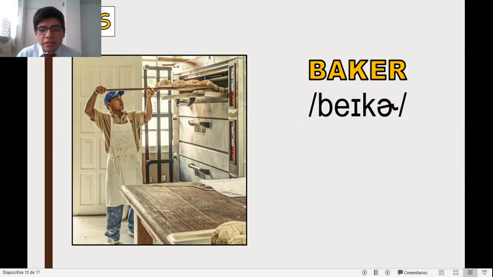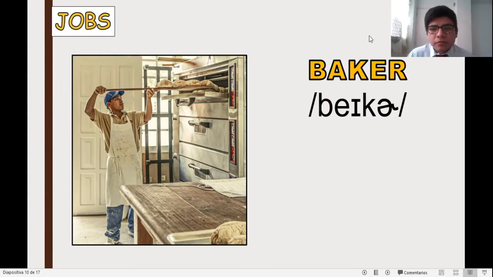We have in here the first job, which is a baker. What do you think it's a baker? Yes, a baker is a person who makes bread. So you can find a baker in a bakery.